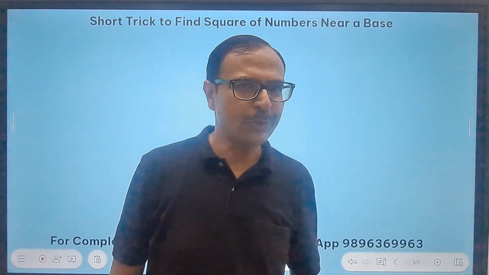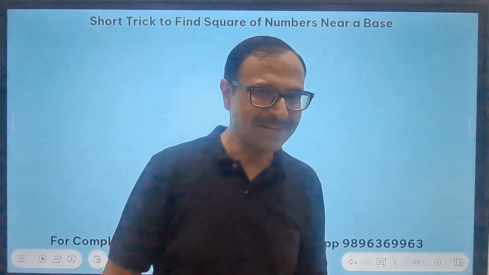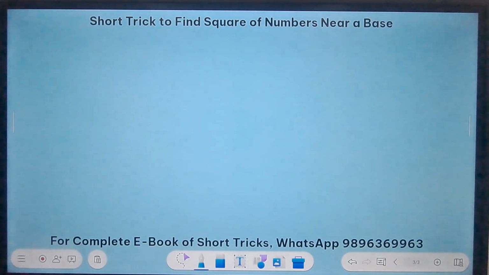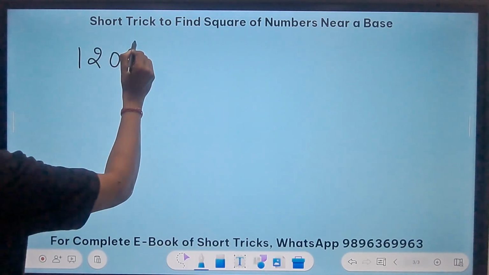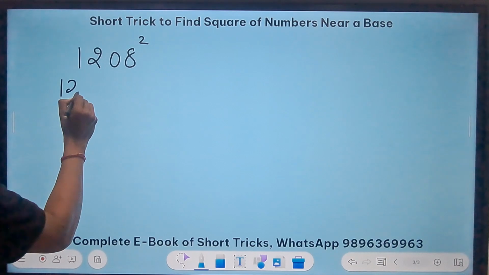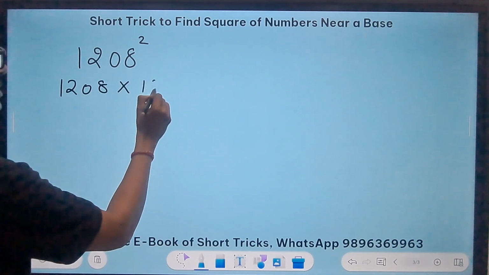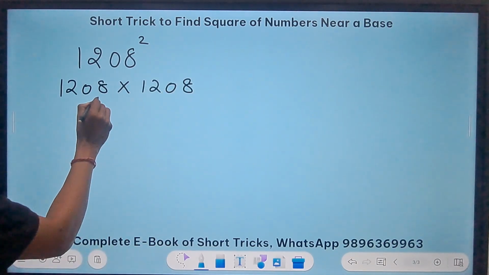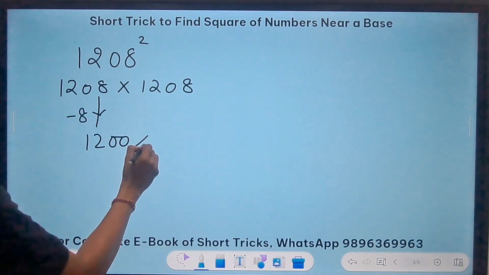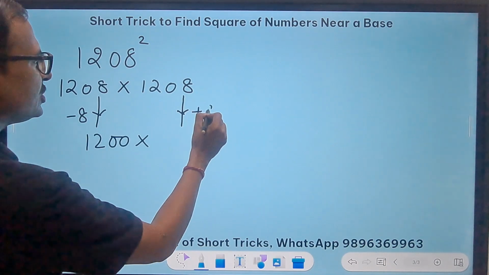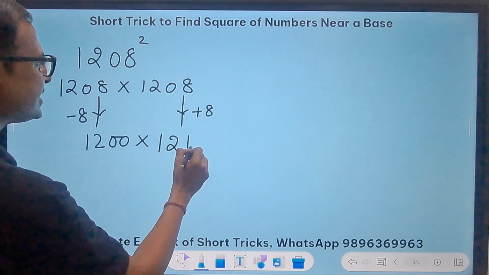Okay. Now I am going to test myself with 4-digit numbers. Let's go. Here we have a number 1208 square. So 1208 times 1208. When I reduce this by 8, I get 1200. And when I increase this by 8, I get 1216.